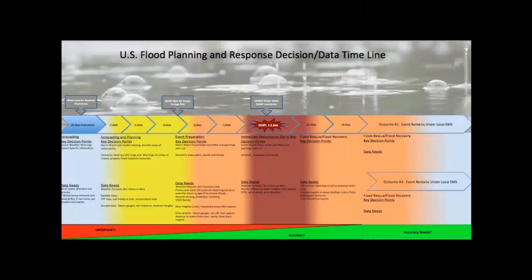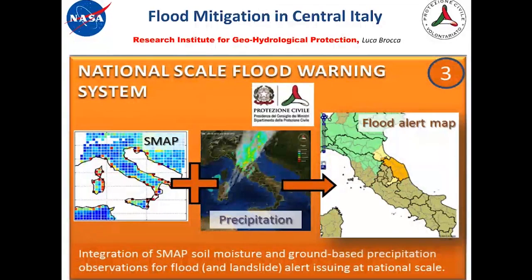How important is timely information versus accurate information? And at what point in the decision process do you start providing information more quickly and start worrying less about the resolution? And so that's actively going on right now, and we're communicating with FEMA and through our early adopters, getting a better understanding as to where SMAP data fit best. And so this is an ongoing learning process.